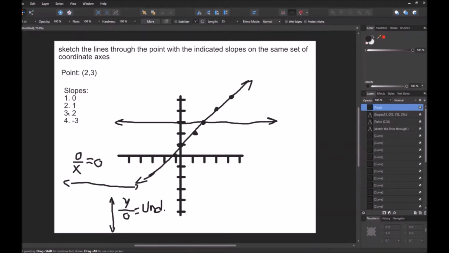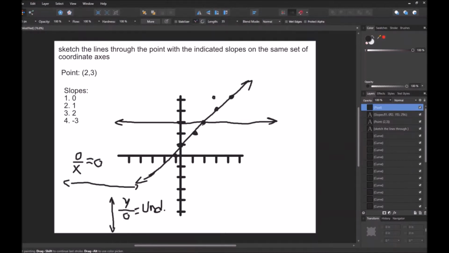Now we have a slope of 2, which means if we move 1 to the right on the x value, we're going to go 2 up on the y value, because remember, it's the rise over the run. So to maintain a slope of 2, we're going to have 2 increases in the y value for every 1 increase in the x value, if that makes any sense. So for this one, we're going to go to the right 1, up 2.